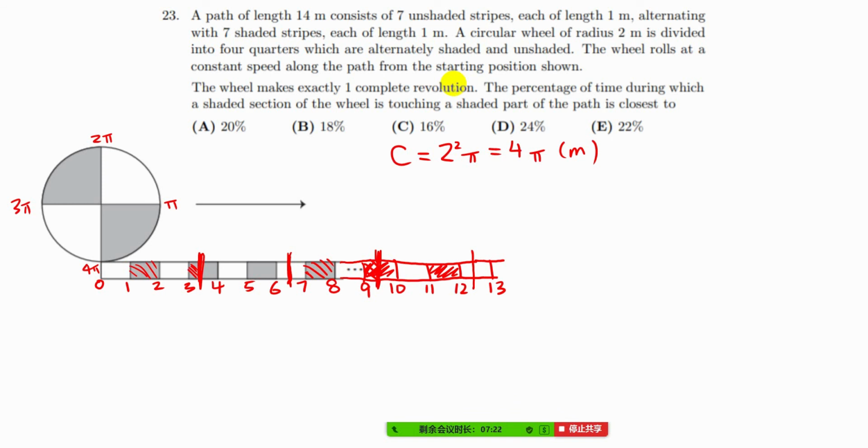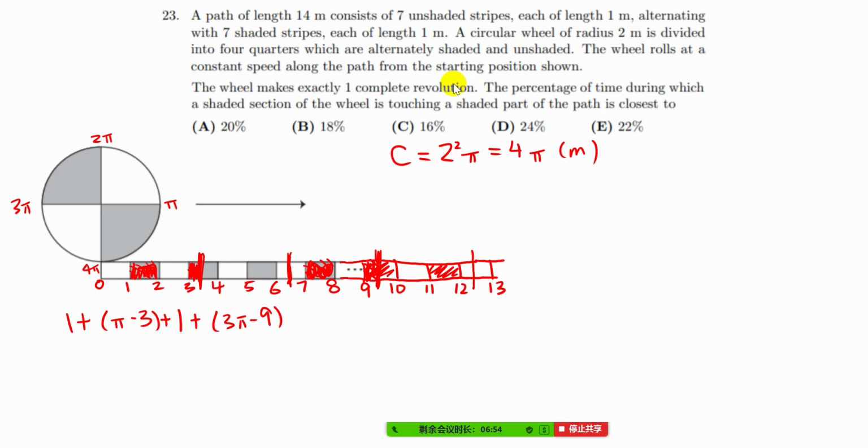So between 1 and 2, we need to count this part, which is a shaded section plus a shaded section. So 1 plus, over here, it was pi minus 3. And then we add the part in between 7 and 8, which is 1. And then this part from 3 pi minus 9.